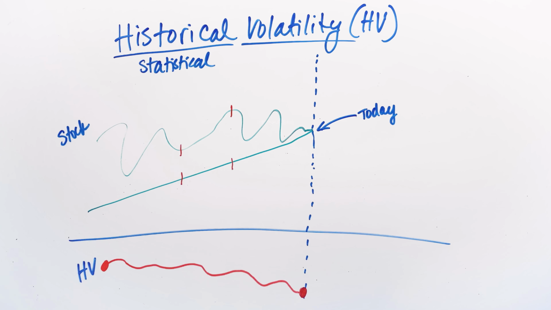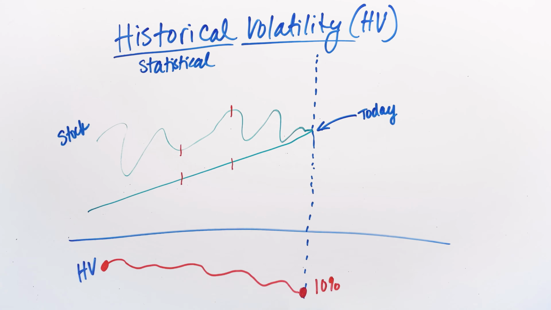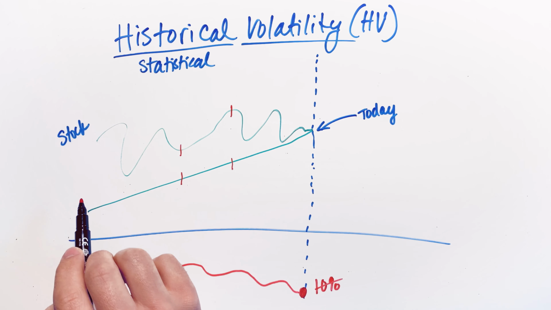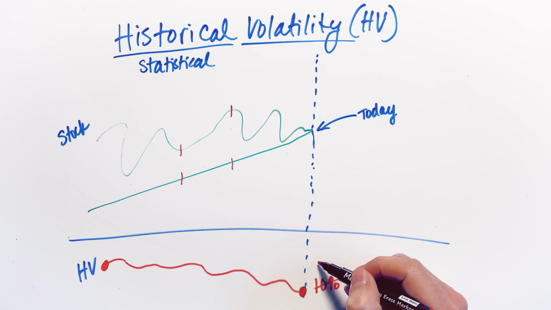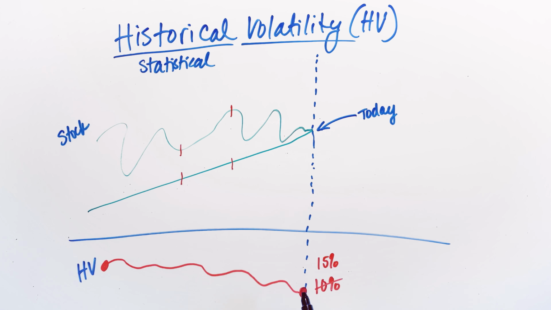So this data point tells us that, from today back, maybe we've seen 10% historical volatility in the stock. Or maybe we're looking at a stock that has gone through a lot more ups and downs, and the historical volatility on this stock is 15% from today back to the beginning of that chart.